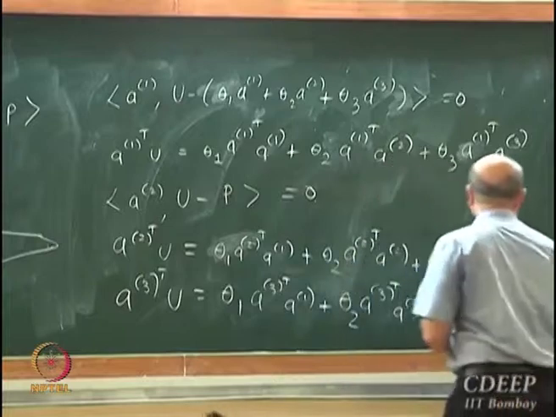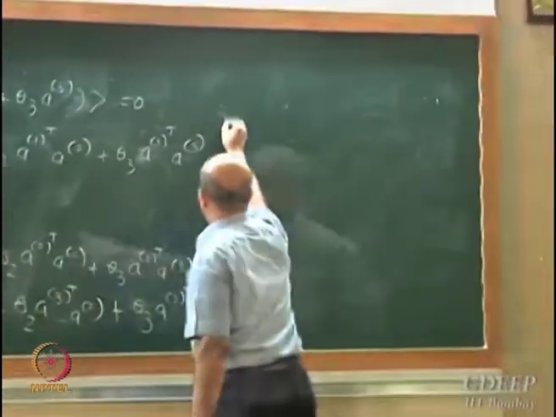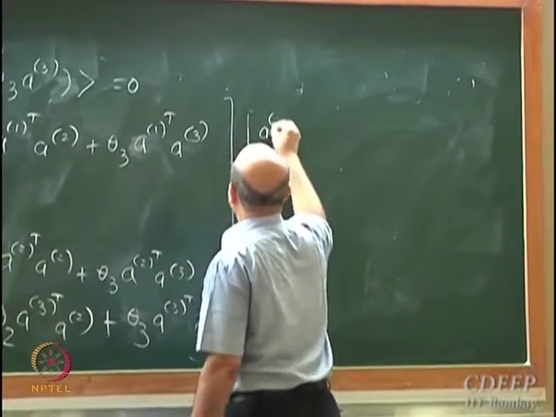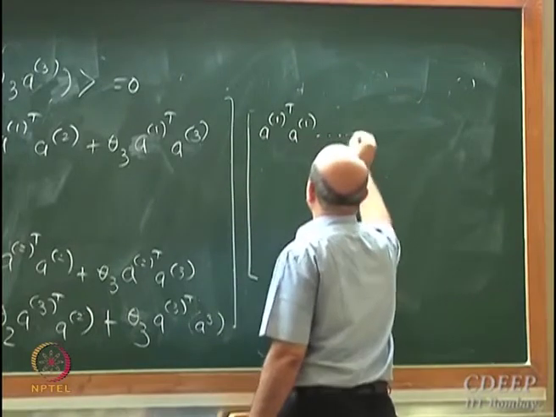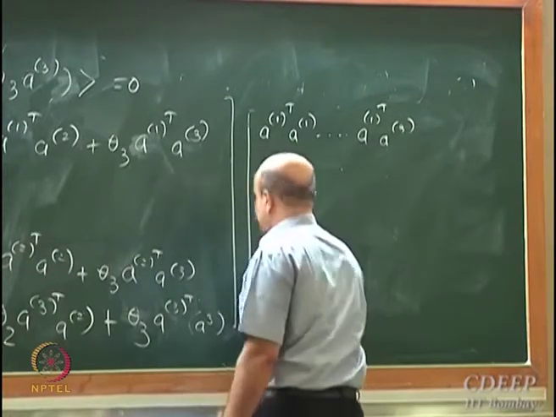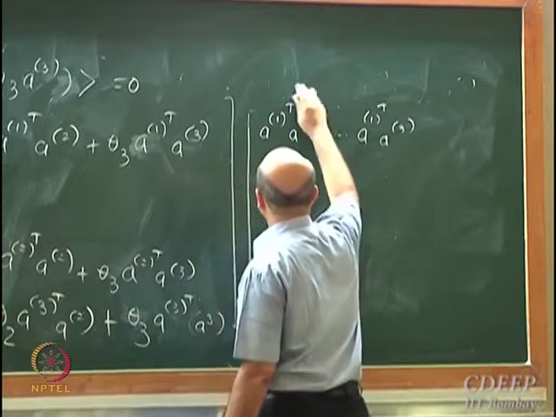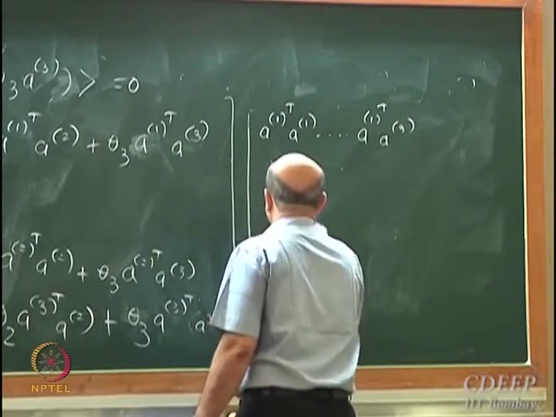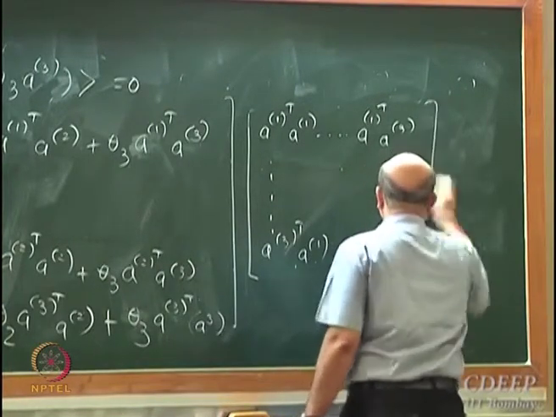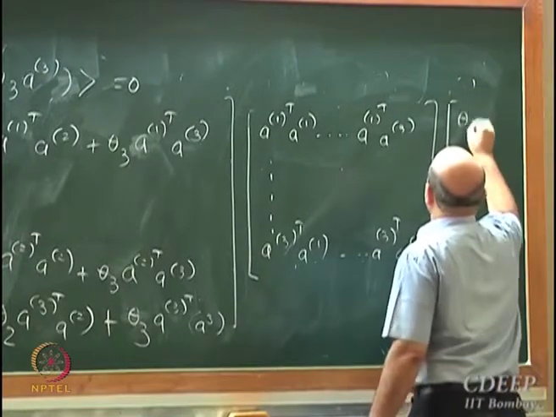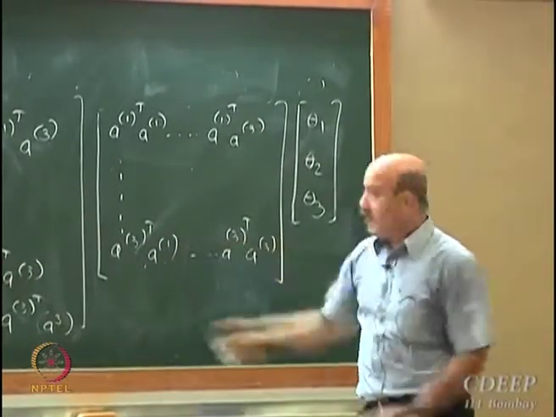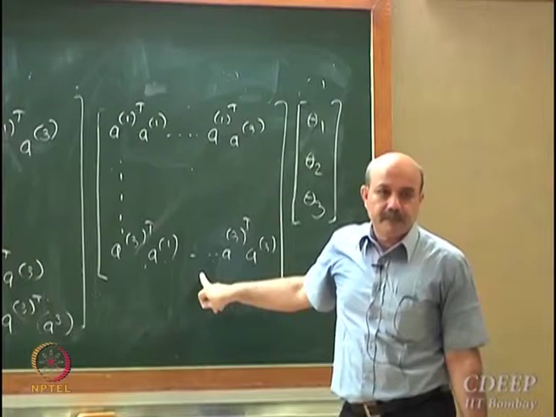So what do I get here? The right hand side I can write as a 3 cross 3 matrix with entries A1 transpose A1, through A1 transpose A3, and you can just collect it in vector matrix form. This is A3 transpose A1, through A3 transpose A3, this into theta 1, theta 2, theta 3, right?